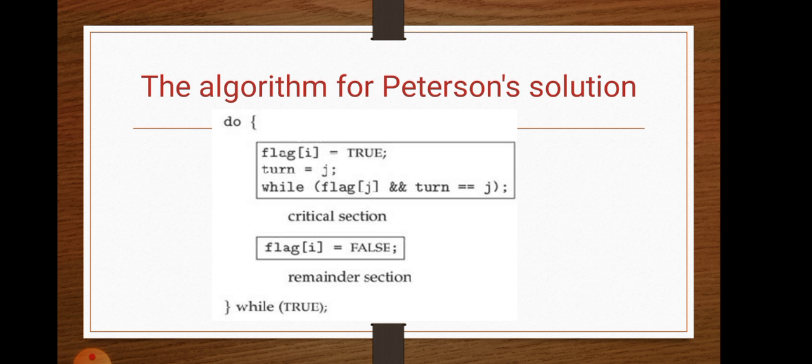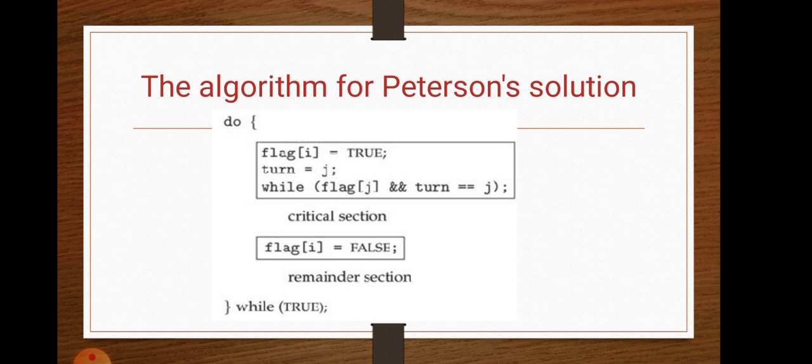For example, if P0 and P1 try to execute at the same time, then the turn is first going to change to i, and then j, or it could be vice versa. Only one of these two processes is going to be allowed to enter its critical section.